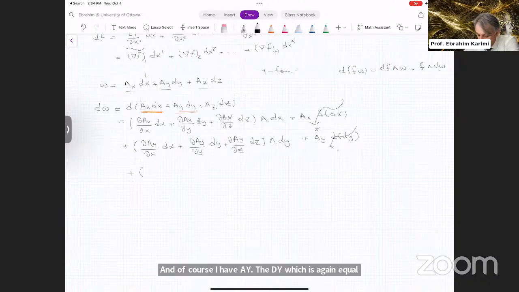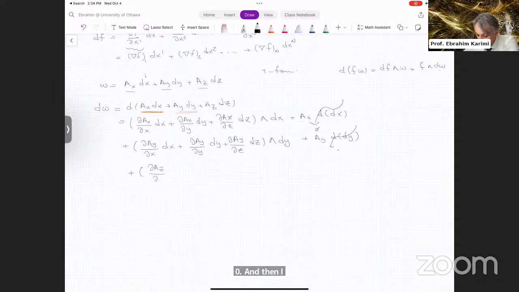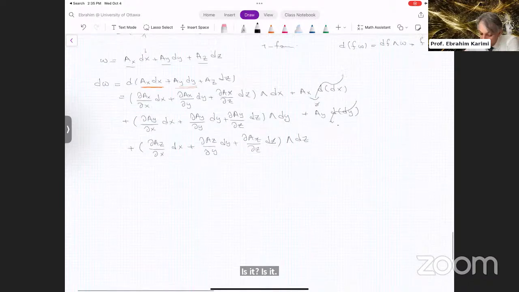Then finally I have the derivative of Az with respect to x dx, the derivative of Az with respect to y dy, the derivative of Az with respect to z dz, wedge dz. Now I have to expand it.